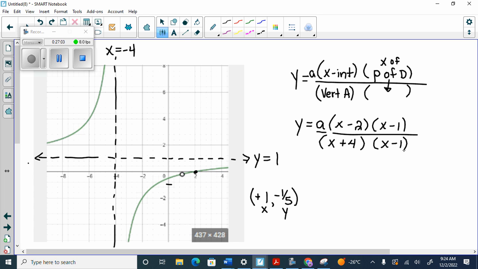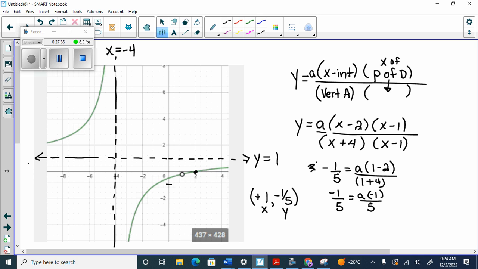Now, to do that a, we would plug this back in, without the 1s, though, right? We're just going to ignore those for now to get our a, because if we plug 1s in here, we're going to get 0 over 0. The whole thing's going to cancel. So we're going to go -1/5 equals a times (1 minus 2) over (1 plus 4). So we get -1 over 5 equals a times -1 over 5.